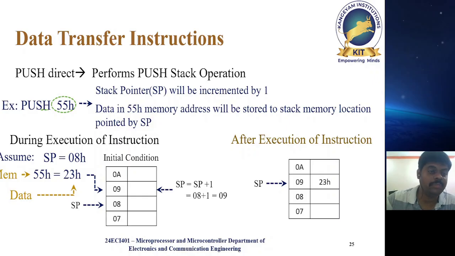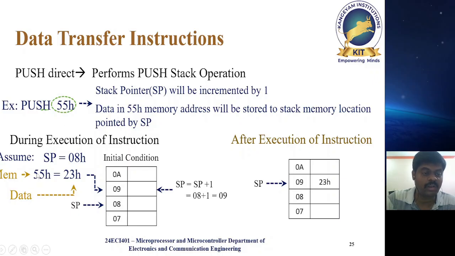From this instruction, PUSH 55, this 55 is an internal memory location which is having the data. You need to push a data to the stack, and that data is stored in this memory location. So PUSH 55 means the data from this memory location will be pushed.